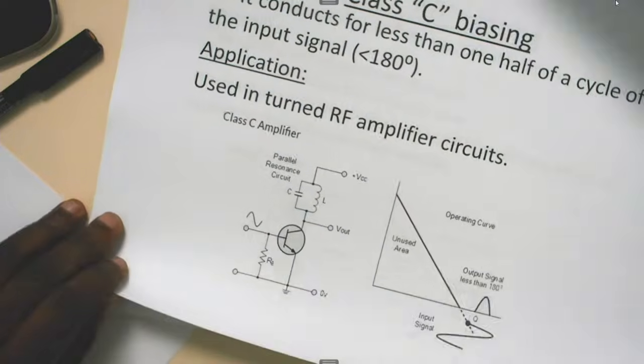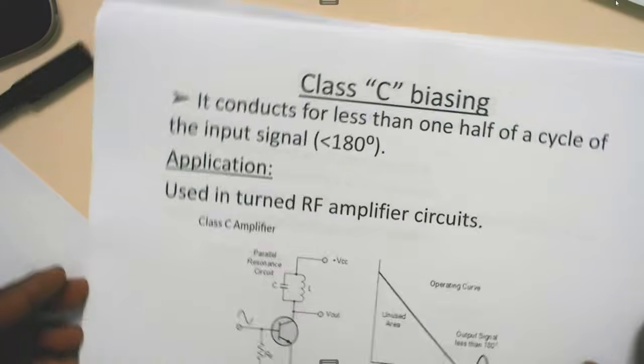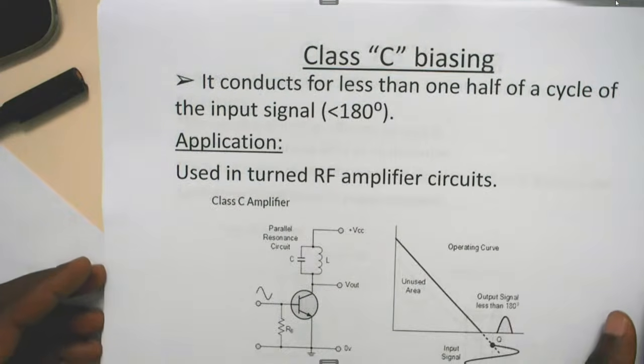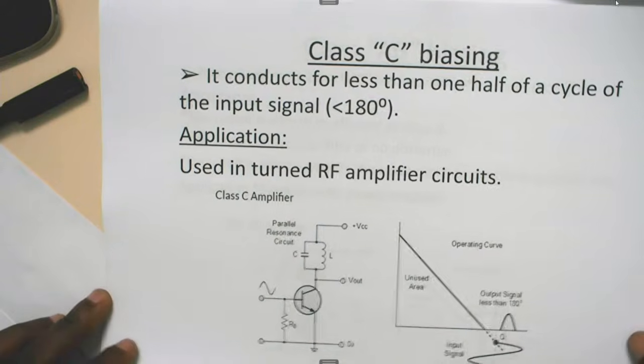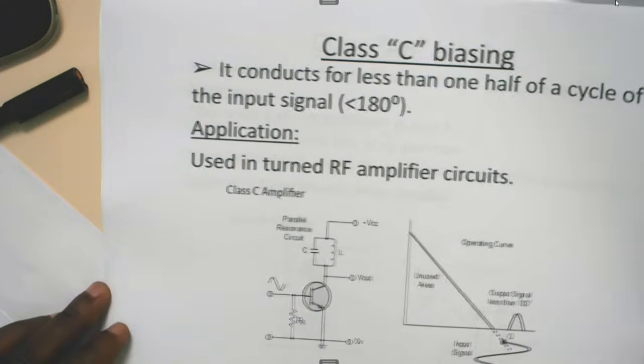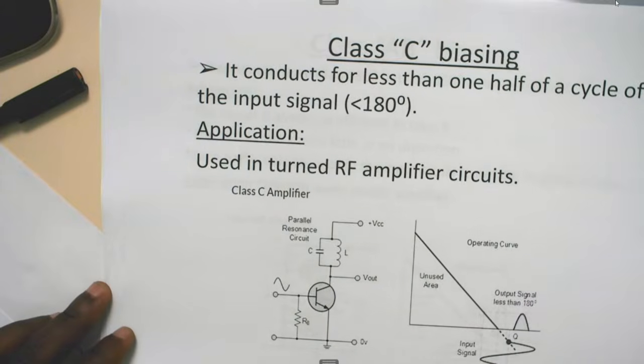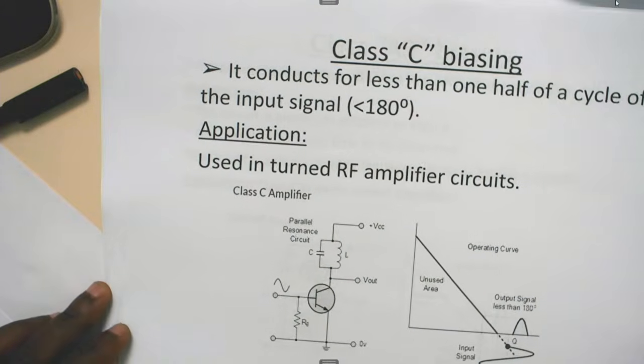Then let us go quickly to class C. The class C biasing conducts for less than half of the cycle of the input signal, less than 180 degrees. The application is that it is used in RF amplification circuits, and here is the circuit and the load line with the Q point at the bottom there.